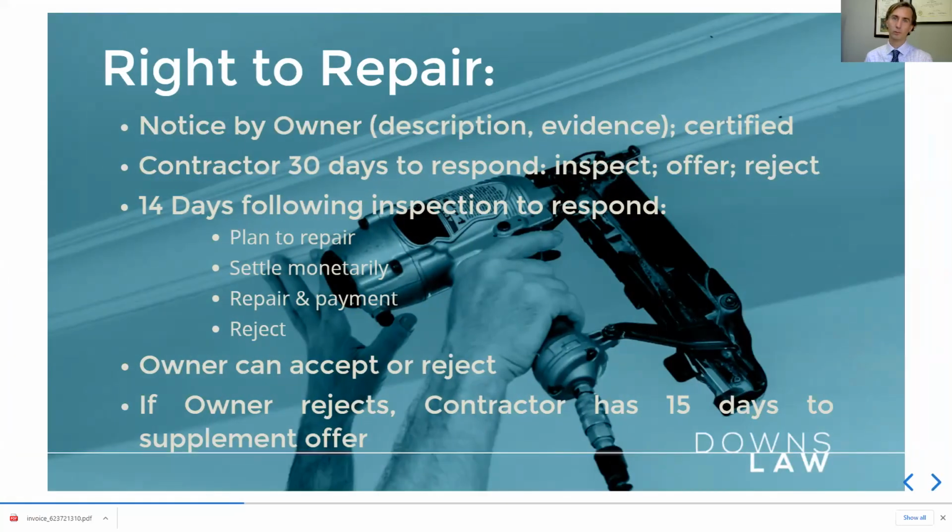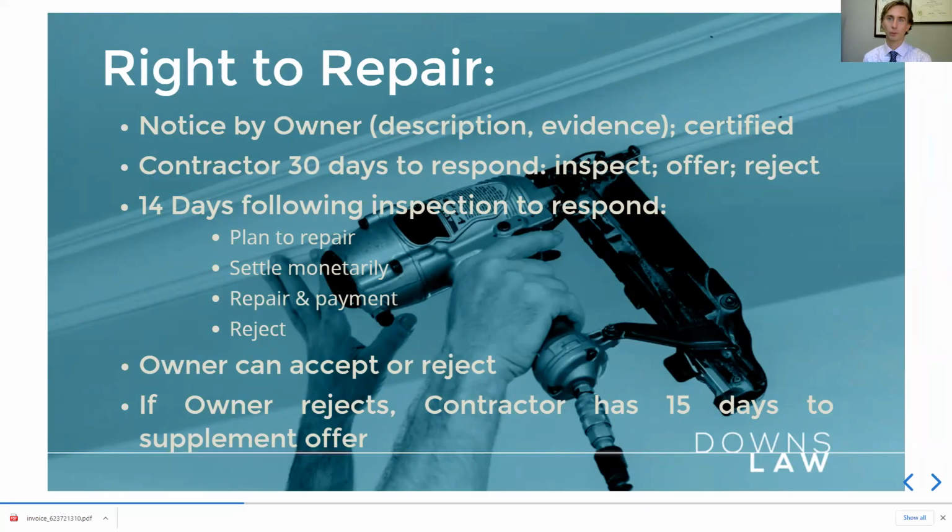So it contains very specific deadlines and requirements for owners and contractors. In order to invoke the Right to Repair Act, an owner must provide notice to the contractor of the defect.